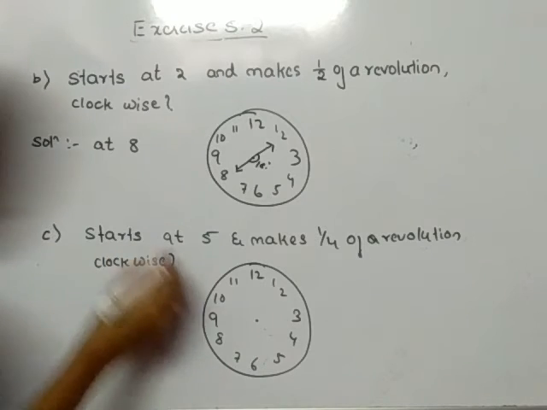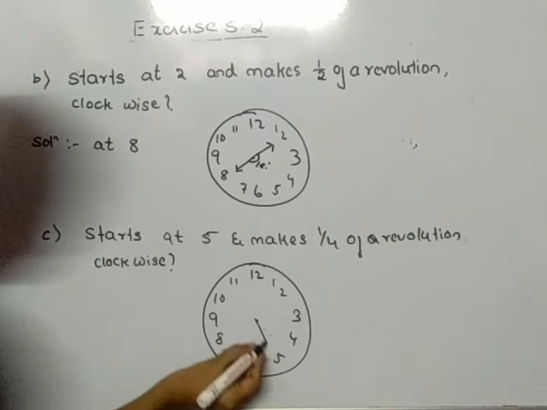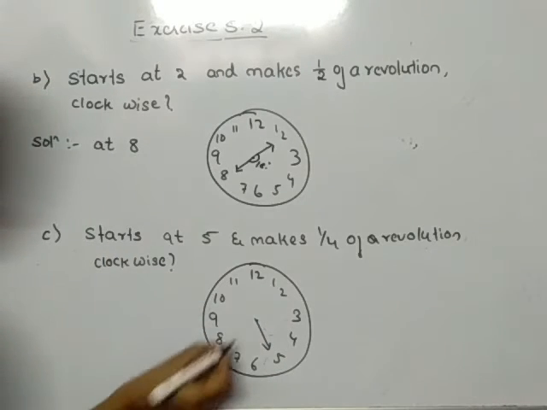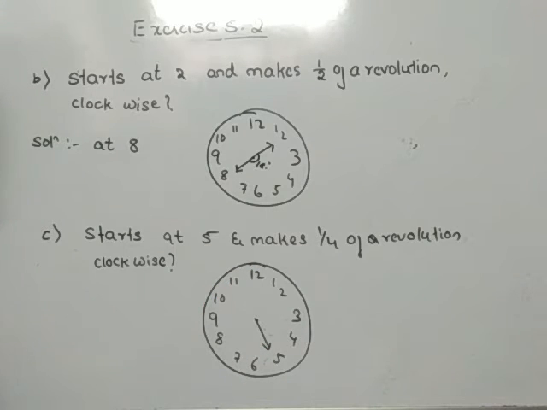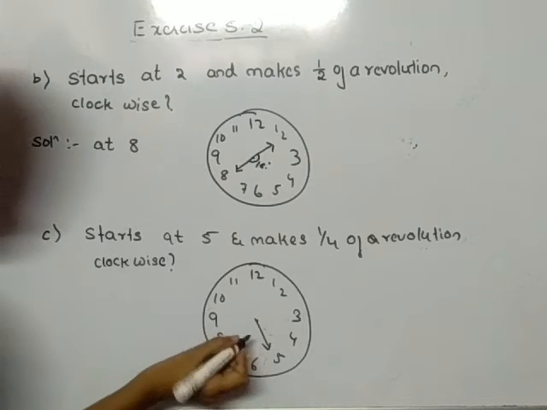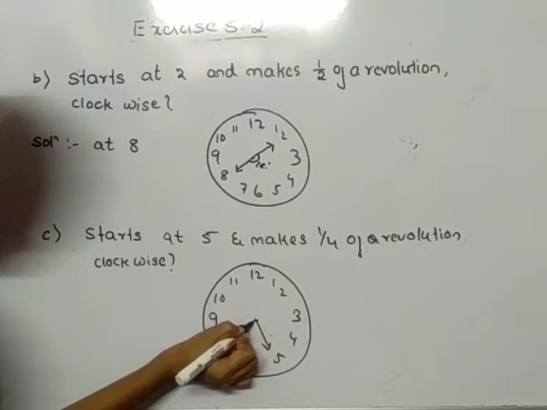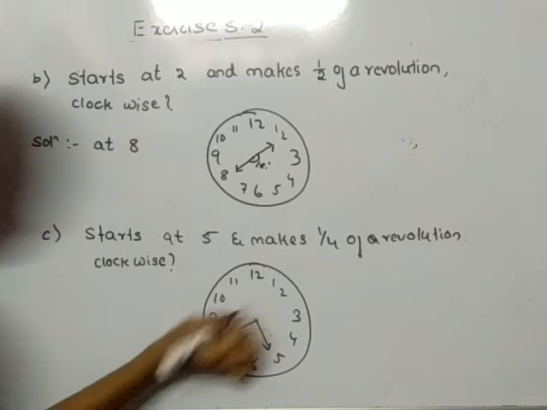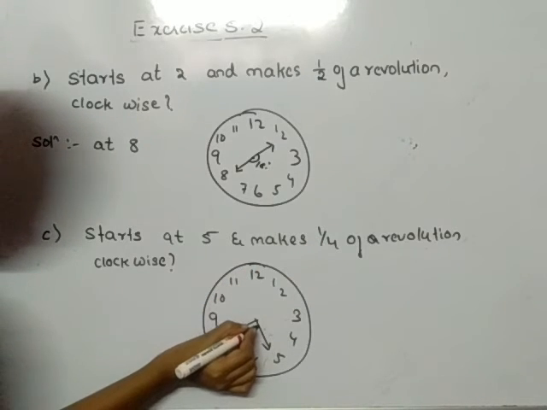The other hand starts from 8. It starts from 8 and makes 1/4 of a revolution. 1/4 of a revolution means it is making a right angle, right? Right angle means it will be here. 1/4 means only one part.